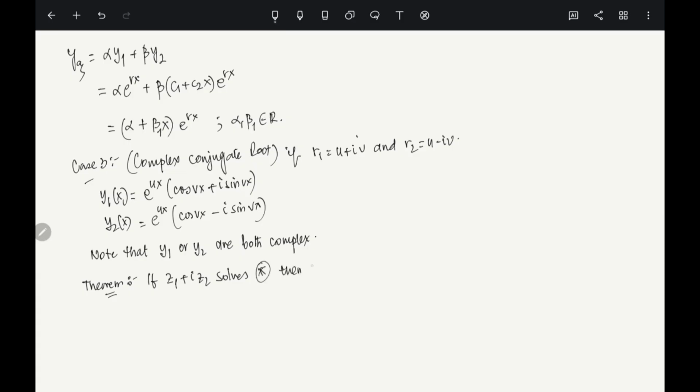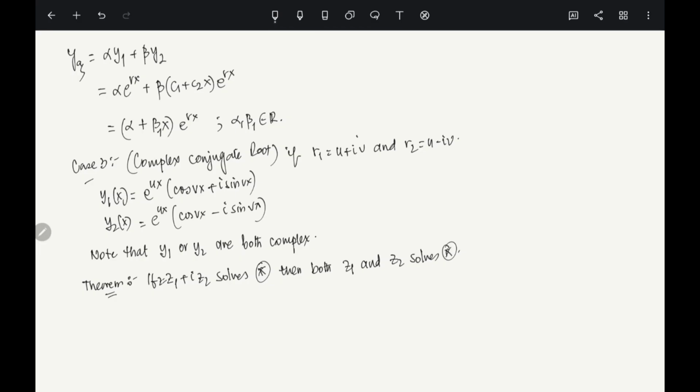Then both z1 and z2 solve star. That is, z equals z1 plus i z2 solves the equation, then individually z1 and z2, which are real functions, solve star.